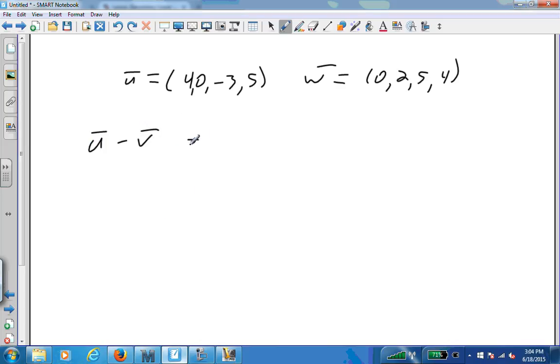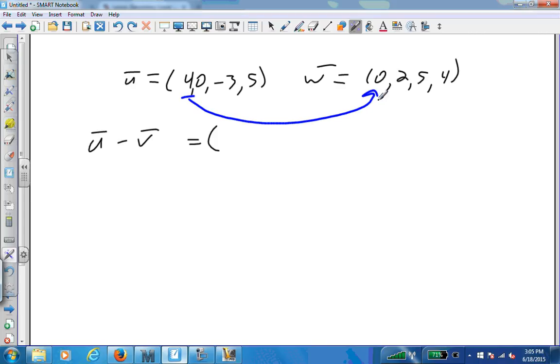To do that, we take each component in u and take away the corresponding component in w. So 4 minus 0, 0 minus 2, -3 minus 5, 5 minus 4.